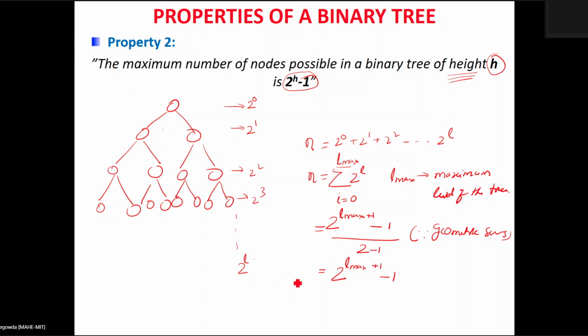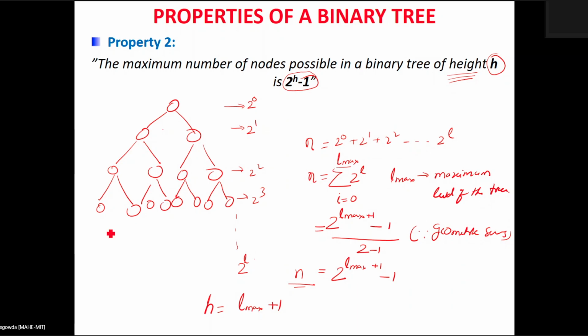Okay, but from the definition of height, we have the height h is equal to L max plus 1. What is L max? L max is the maximum number of levels.